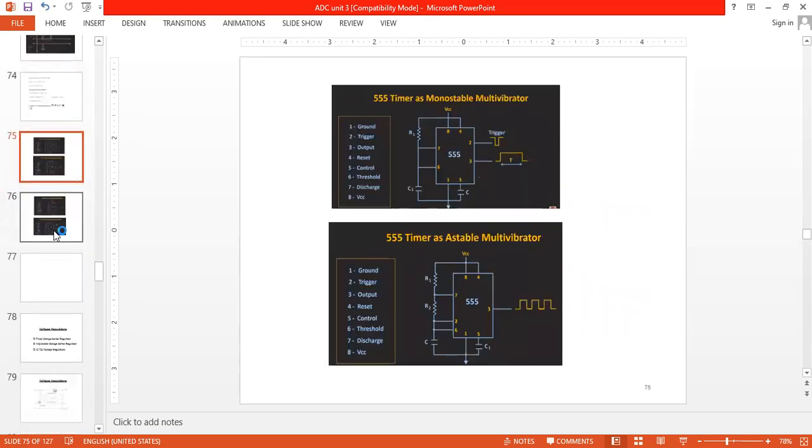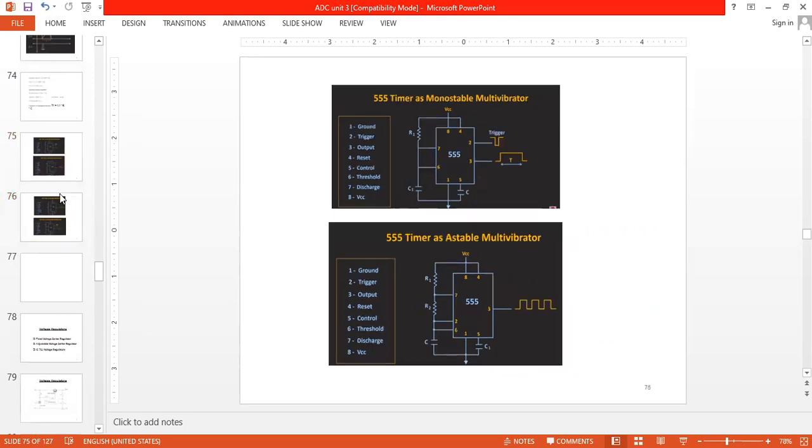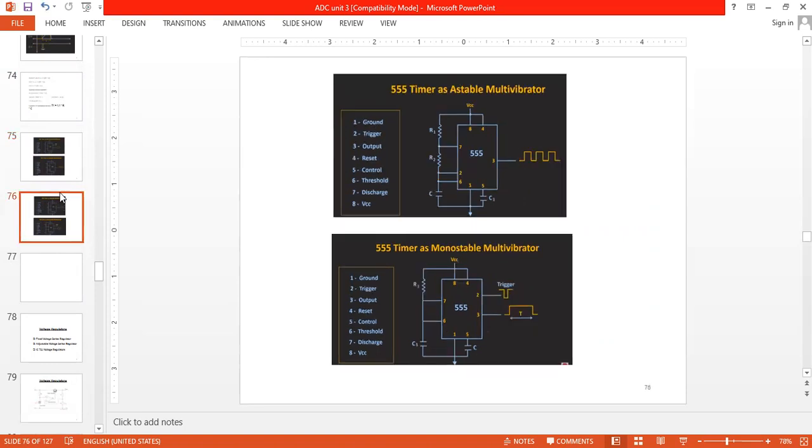Comparison between the monostable and astable multivibrator. Okay, so let's see the overview of these two. An astable multivibrator generally defines the square wave generator. The capacitor charging and discharging will define the output value of the flip-flop.